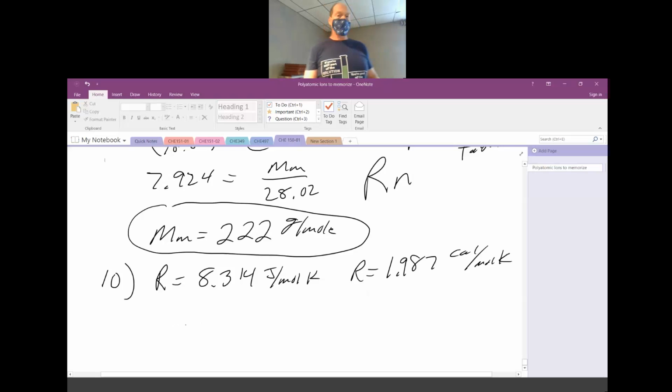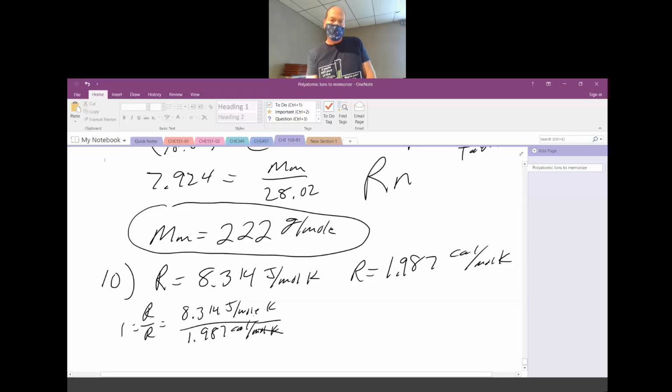All right, so two R values are given on number 10 with different units. One has units of joules, one has units of calories. If you divide those two values, R divided by R, which is 1, we take the 8.314 joules per mole Kelvin and divide by the 1.987 calories per mole Kelvin, and the moles Kelvin cancel.